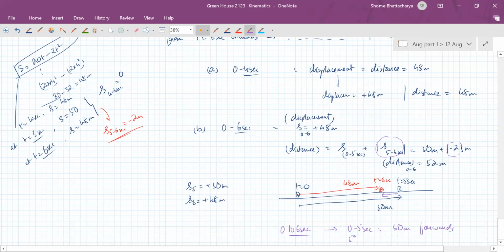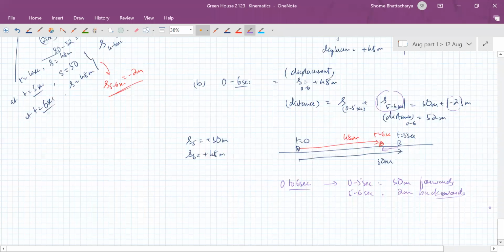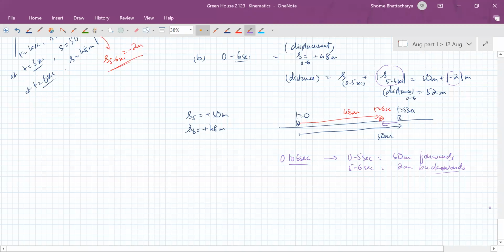And then from the 5th second to the 6th second, he's going 2 meters backwards. So his net displacement is 48, but the total distance traveled is how much? 52. Okay, so it is negative, but in distance, the length is considered, not the sign? Yeah, correct. Distance is the length of the path. So the total path length is 52. Okay. Yes, sir.